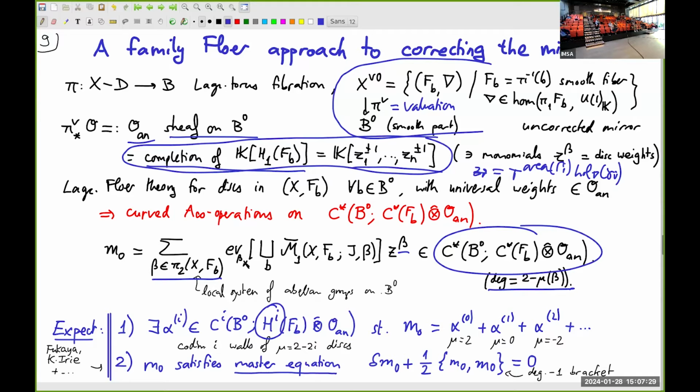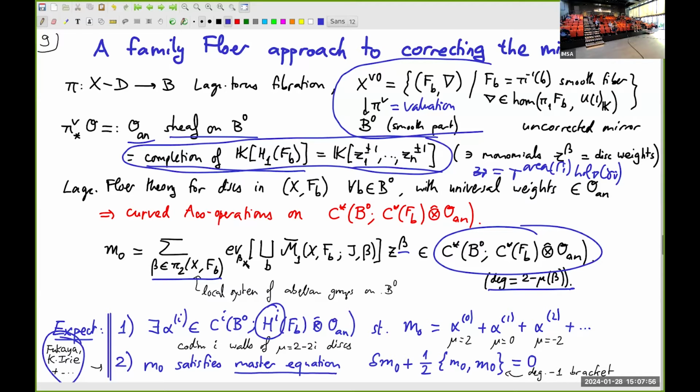And also, you should be aware that there's already been a history of these equations. That's mostly the work of Fukaya and Irie. For one Lagrangian, the question is, what is the structural property that M0 satisfies? And the most obvious one from A-infinity structures is M1 of M0 is 0. It's not this.